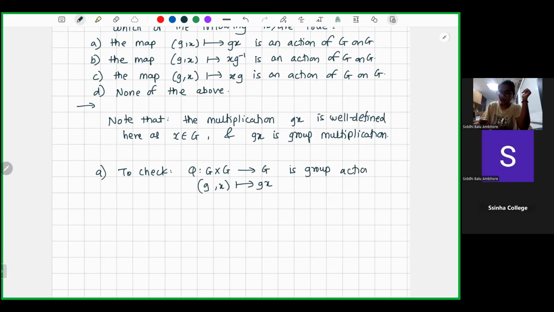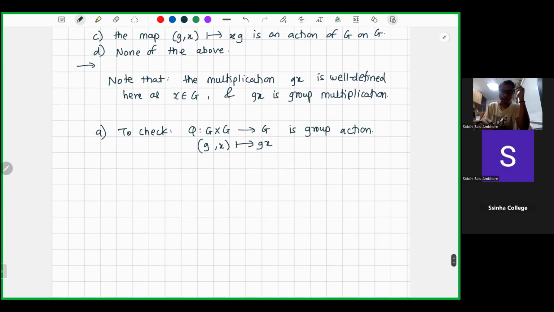That's my thing to check. So first we have to check whether phi of E comma X is X or not. So what is phi of E comma X? It is E into X, right? But E is group identity and X belongs to G. So this is anyway X.